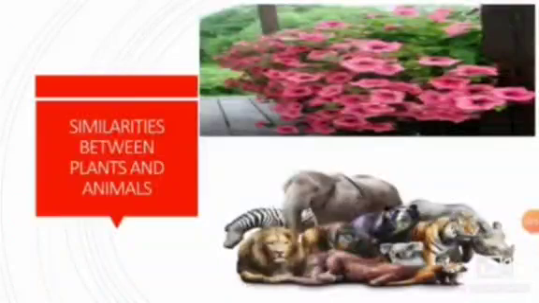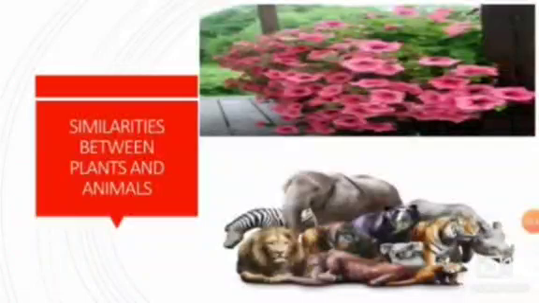Next, both of them need food to eat and water to drink. Both of them, after a span of life, will die. So, we have similarities in growth, breathing, responding, reproduction, taking food, water, and air, and also after some days they die. These are the similarities between plants and animals.